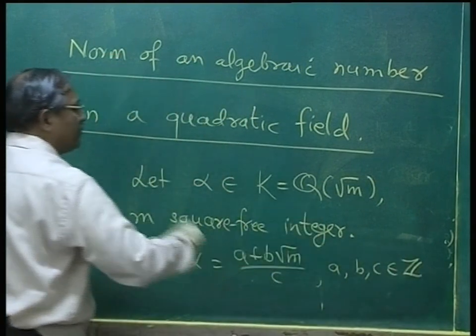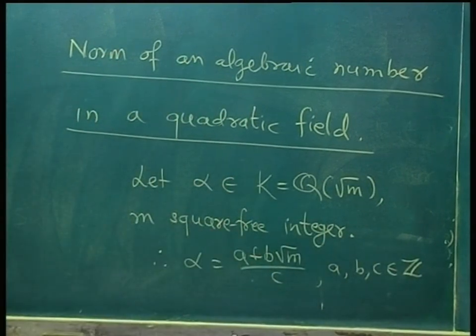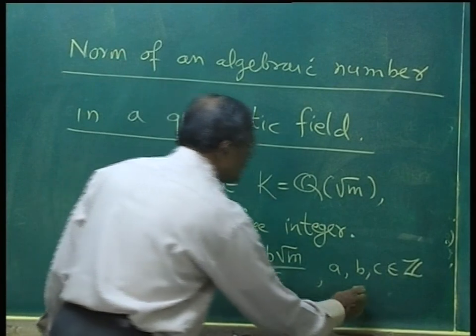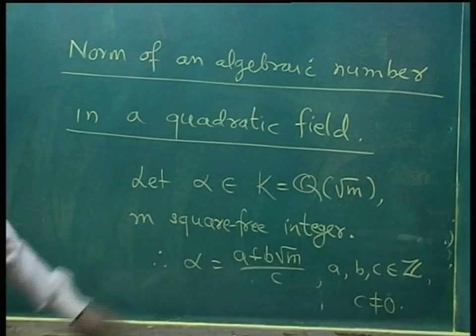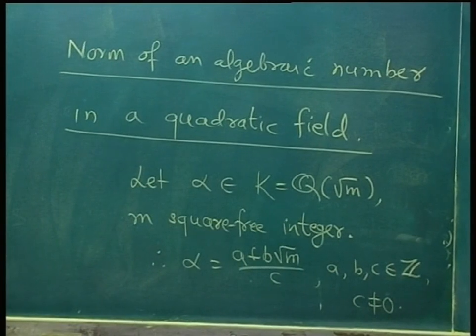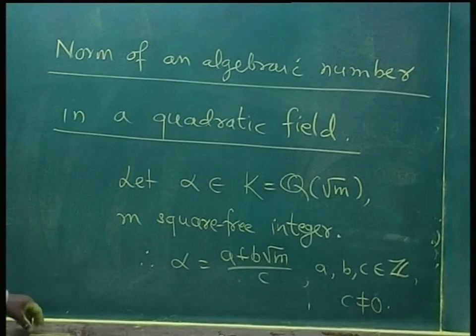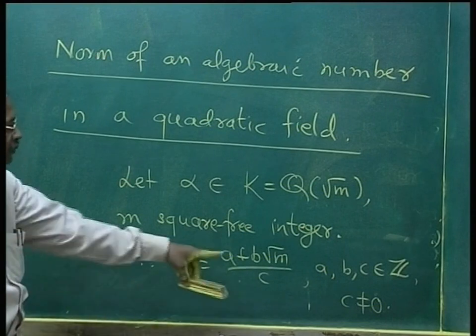We can always find a, b, c in Z such that alpha is like this and c is not equal to 0. We may or may not assume that gcd of a, b, c is 1. We may or may not assume that c is positive. Alpha can be written in this form.